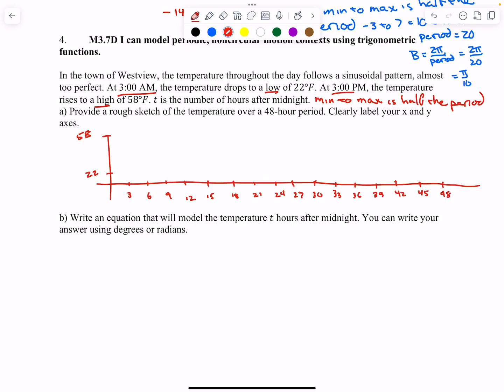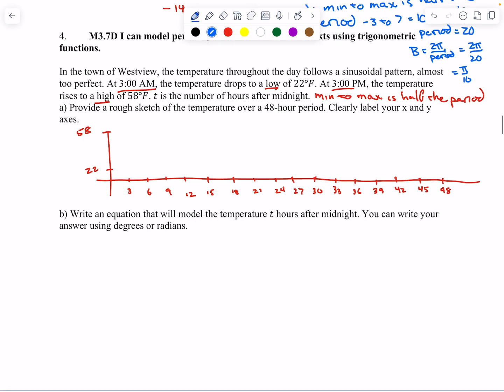And that's 2 periods. It's at a min, a low at 3 a.m. So, okie dokie. And then at 3 p.m., which is 12 hours later, it's at a max. Halfway in between, it'll be at the midline.